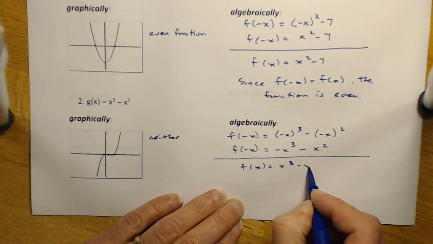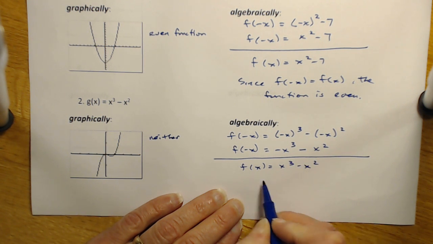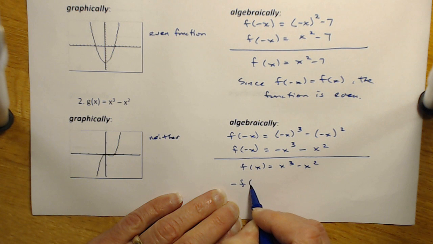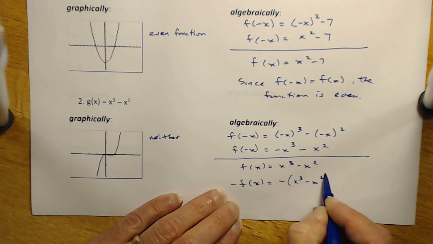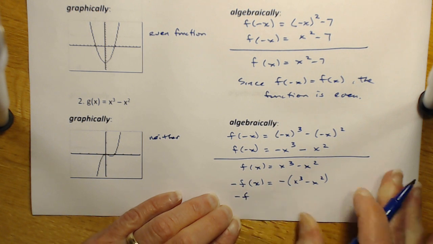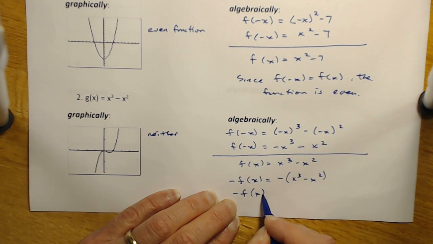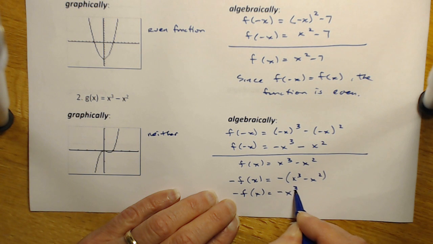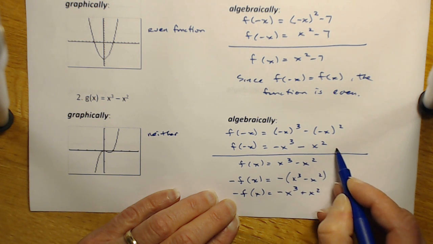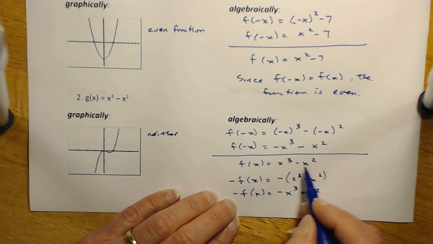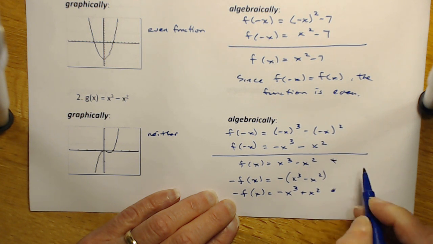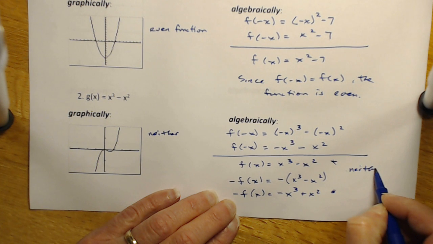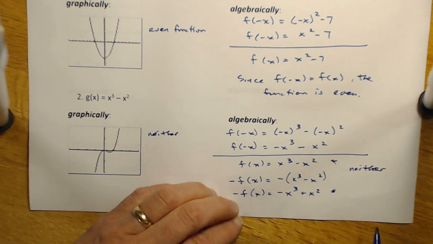Well, that's not the same, so that's not even. We also compare it to the opposite of the original, so the opposite of x cubed minus x squared. Distributing that negative, that's negative x cubed plus x squared. Again, not the same as this one. So it's not equal to f of x. It's not equal to negative f of x. So again, this function is neither even nor odd.